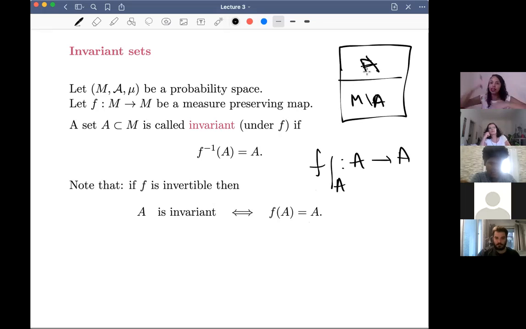So it divides into A and the complement of A. Studying invariant sets is good because you have a big space that is complicated to understand. Well, let's see which are the invariant subsets, and then let's restrict the dynamics to each set and study it piece by piece. Fine.